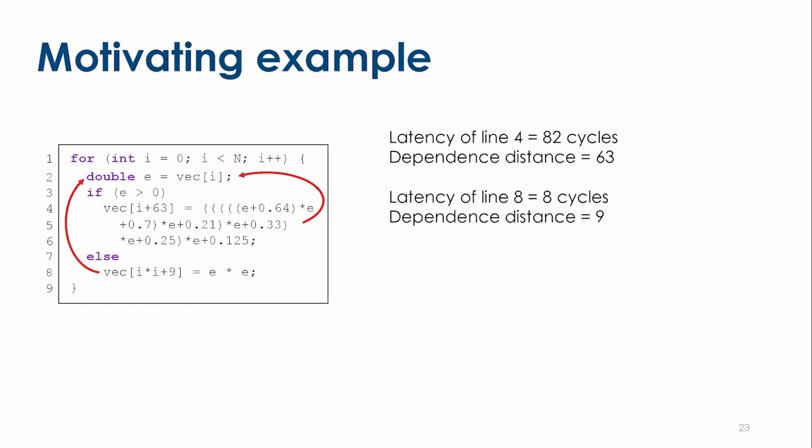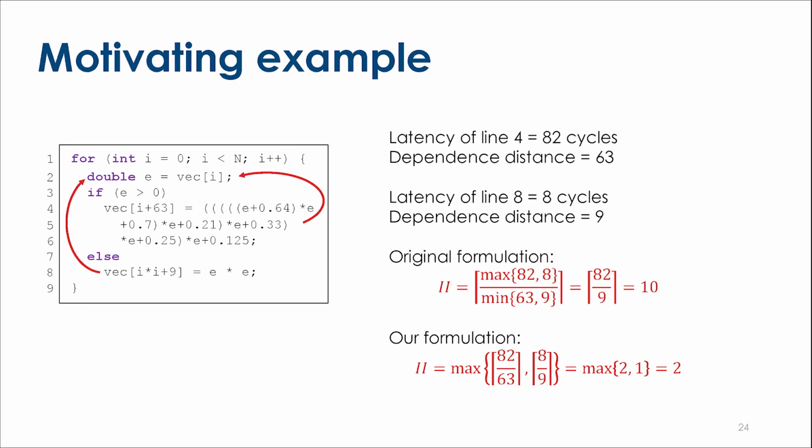In this case, the maximum iteration latency and the minimum dependence distance cannot both be reached. The original formulation restricts the minimum II to no less than 10, while our tool captures that the optimal II is 2. Vitis HLS cannot figure out the nonlinear memory access at line 8, so it got even worse with an II of 41.